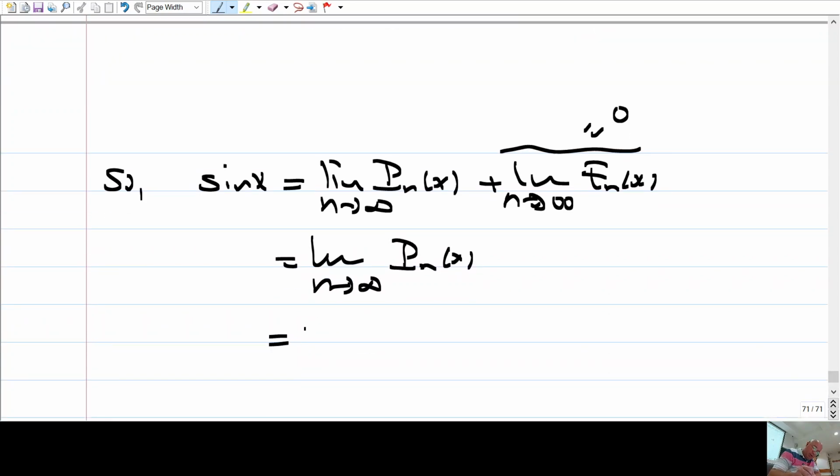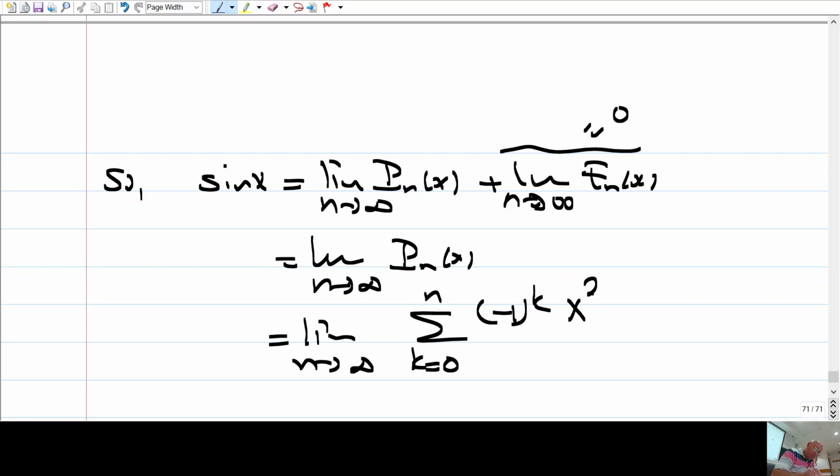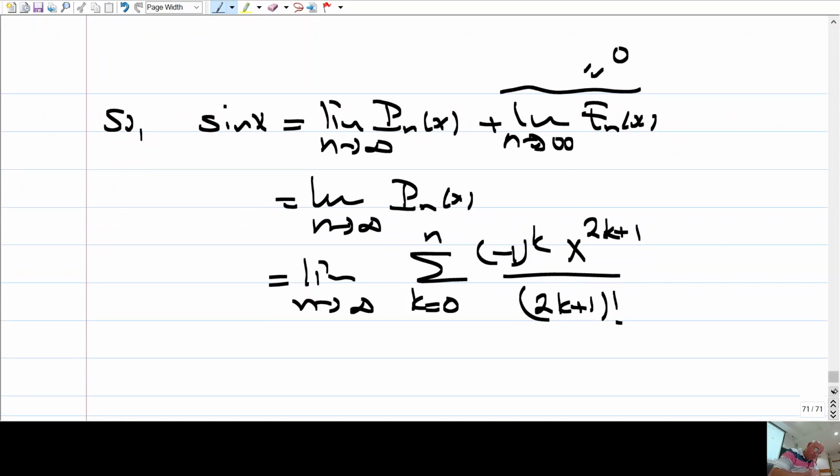It is just the following: the limit as n goes to infinity of the summation from k equals 0 to n of (-1)^k x to the power 2k plus 1 divided by (2k plus 1) factorial. So if I let n go to infinity, this is just the sum from 0 to infinity.